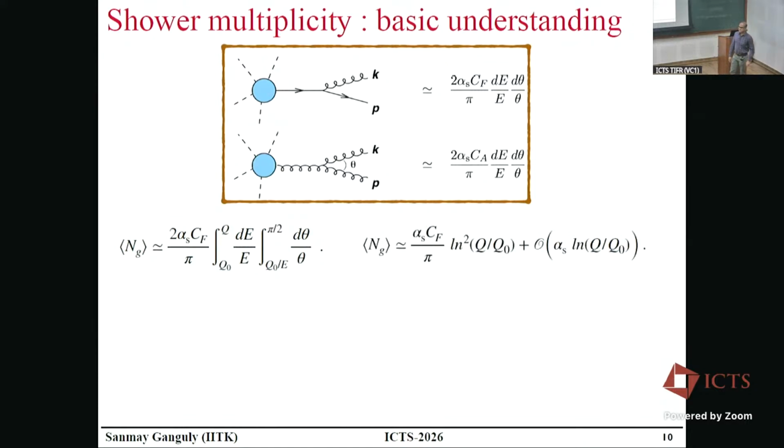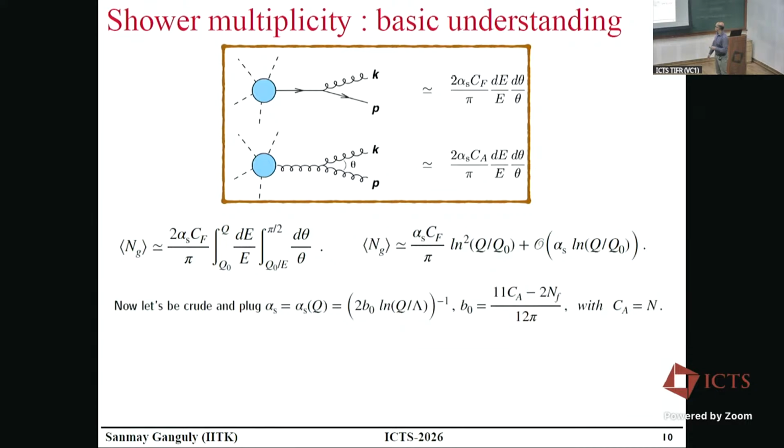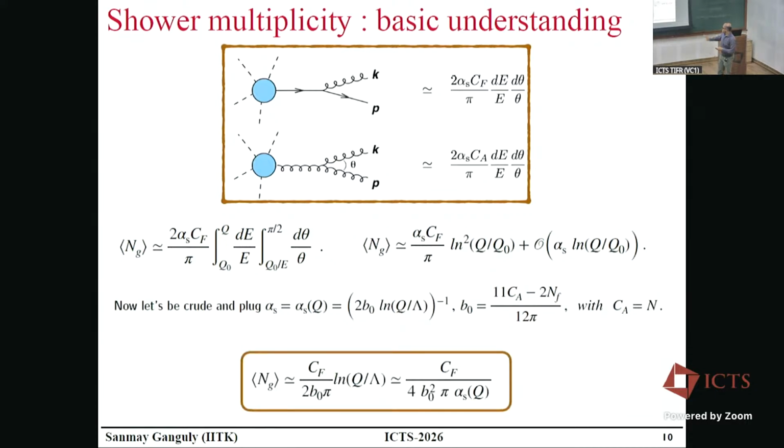When we perform this integral, we see a dependence of this sort: there is a log square term plus order of something, which is alpha s times log. When we plug all the numbers back, even without any higher-order fancy calculation, just putting pen on paper and doing a tree-level computation, it says that the average number of gluons coming out of a fragmentation process at tree level has some scale dependency.